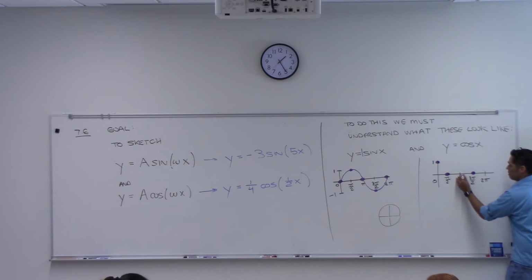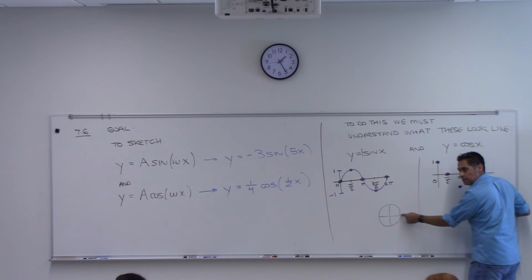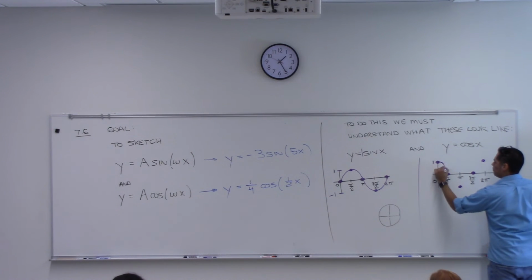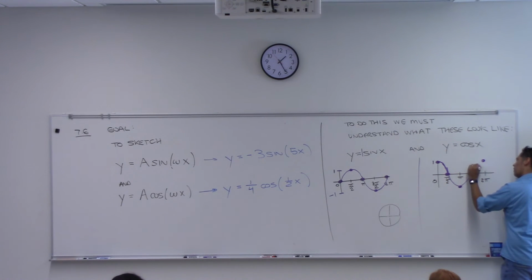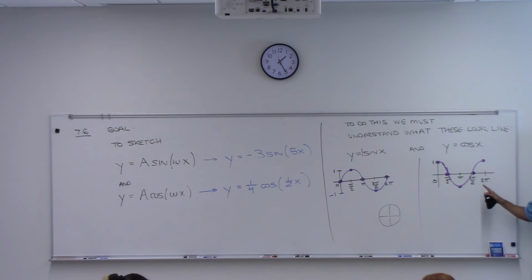Negative 1. And then what about at 2 pi? What's my x-coordinate? 1. And then what it looks like is, like that. That's what a cosine function looks like.